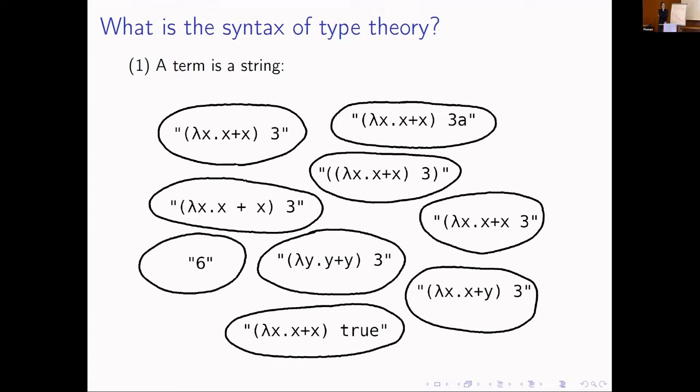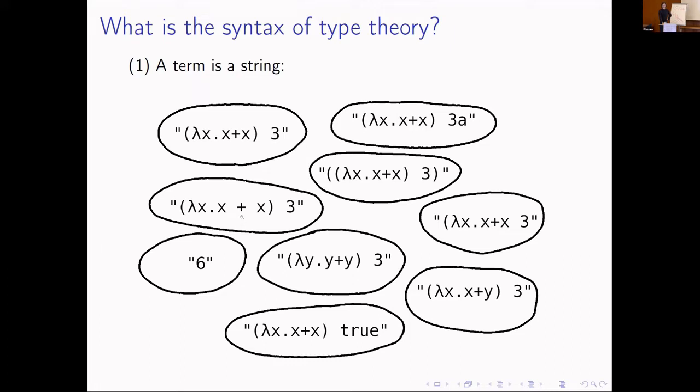maybe for our taste, saying that a term is a string is a bit too low level, in the sense that there's lots of unnecessary information in these strings. For example, here is this string lambda x dot x plus x applied to 3, and here is this other string which looks very similar. The only difference is that here there's a space and another space here.